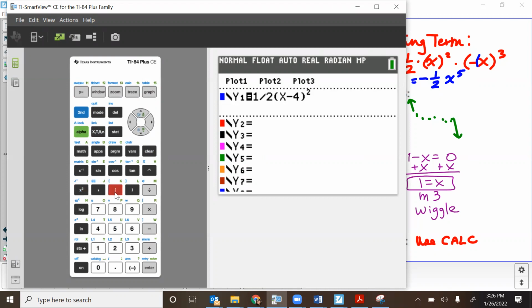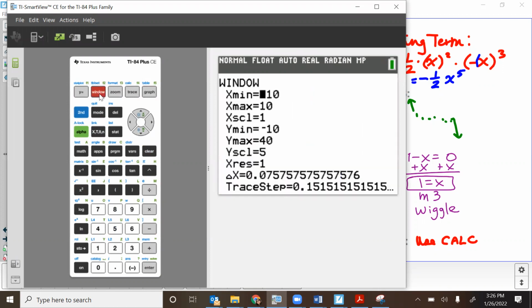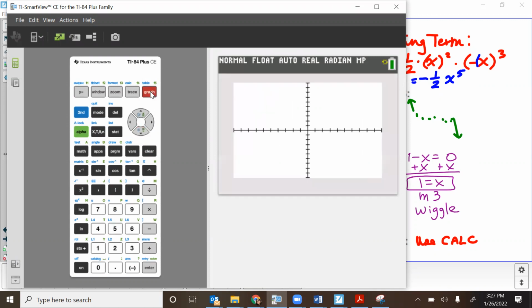And then I had 1 minus x raised to the third. So my graph looks like that. I can mess with my window a little bit. I don't know why my y is going all the way up to 10. It does not need to do that. I'm sorry, all the way up to 40.